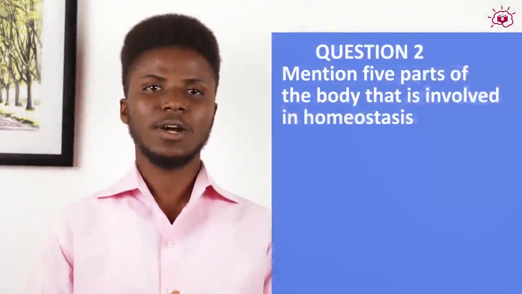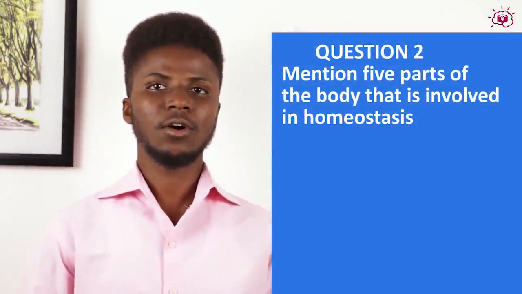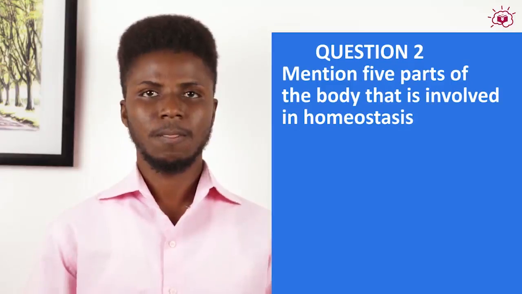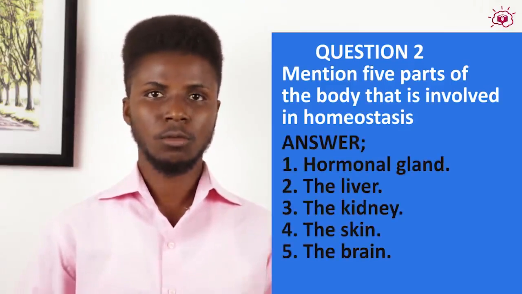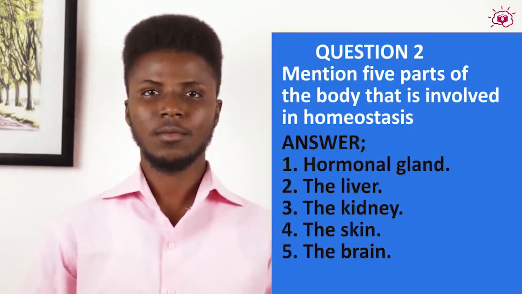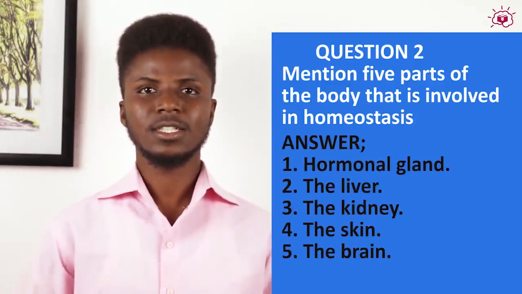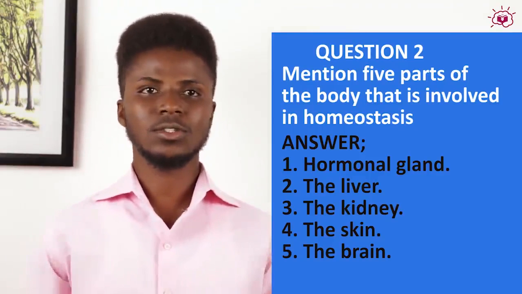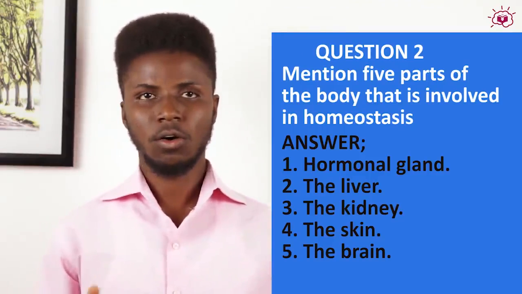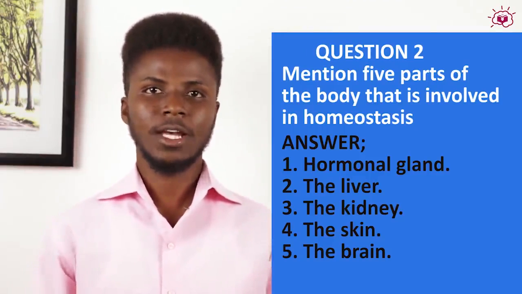Now, the second question states, mention 5 parts of the body that are involved in homeostasis. And these parts include the glands, that's the hormonal glands, the liver, the kidney, the skin, and the brain. You should know that the brain controls all activities of other parts of the body.